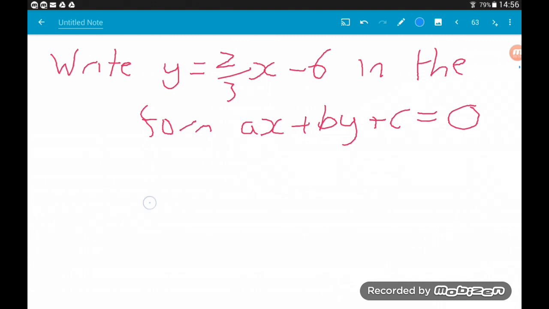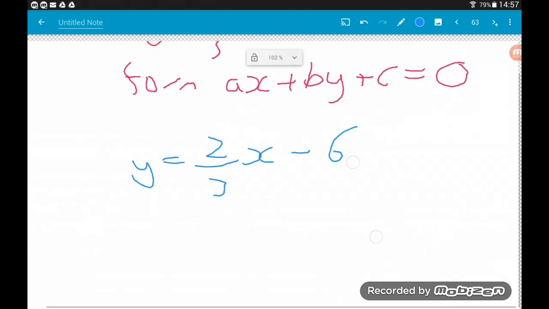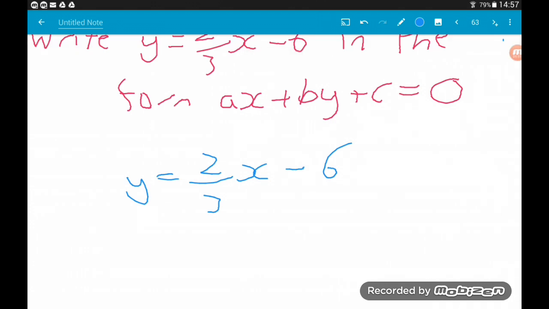So we've got y equals 2/3 x minus 6. So I'm going to get rid of the fraction. First of all, I'm going to multiply both sides by 3. So we're going to get 3y equals 2x minus 18, like that.